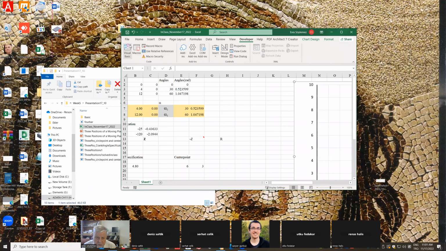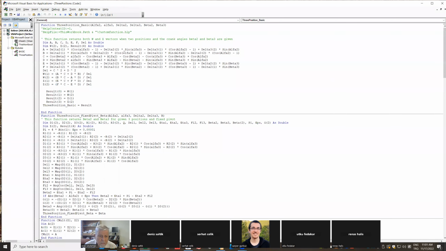Go to the developer menu, Visual Basic. By the way, if you have downloaded this 3 position bus file, please reload it because I have corrected and revised it, and added some new functions. That's the only thing. Reload it again.